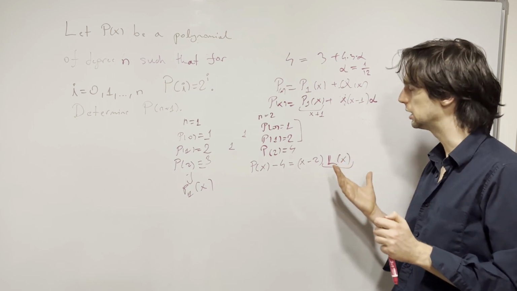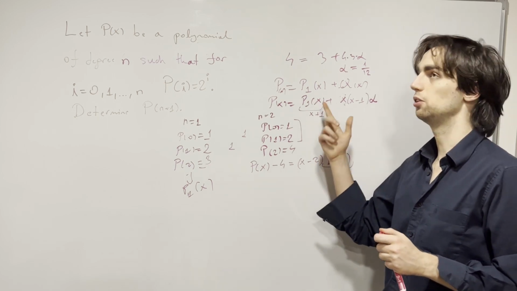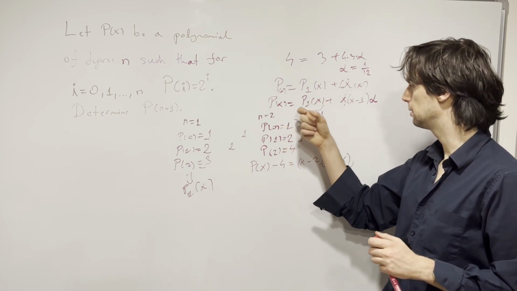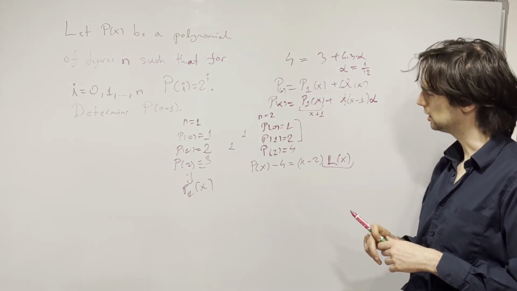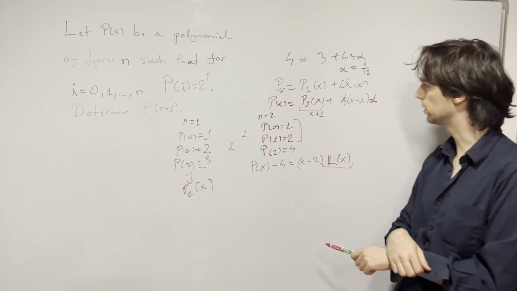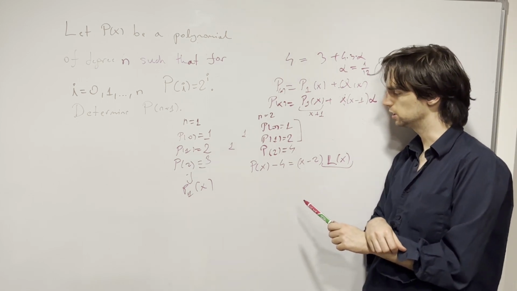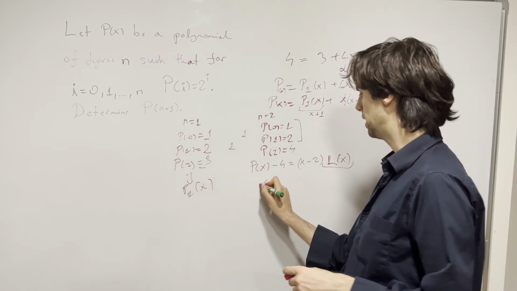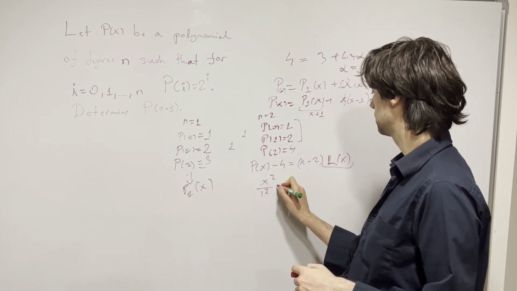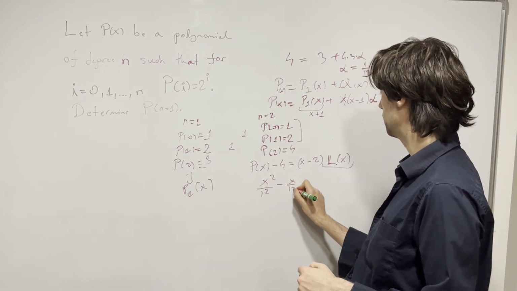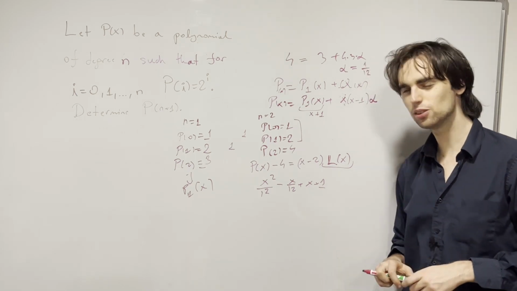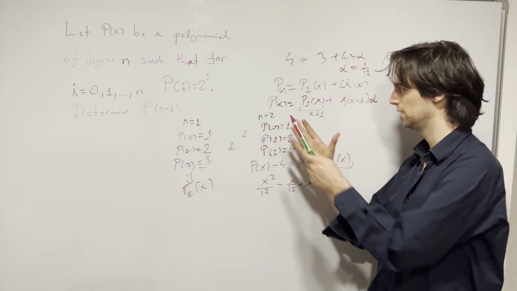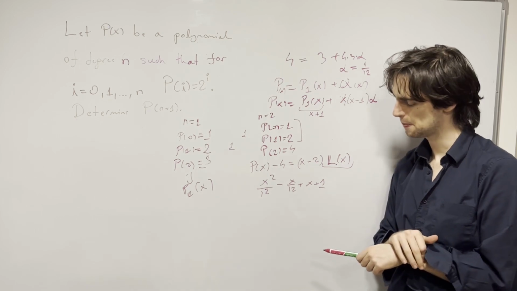We don't actually need to know what this is, but then we know what this looks like. That's an interesting way of looking at the problem. Then this is going to be x squared over 12 minus x over 12 plus x plus 1. It's not looking super pretty once you have it like this.